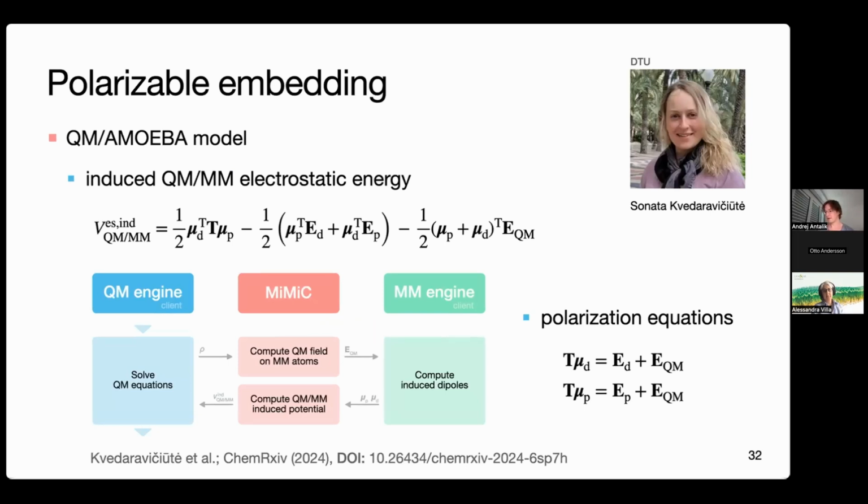That is then used to solve these polarization equations in the AMOEBA-supporting MM client. And once we receive these induced dipoles, we use them to update this external potential and perform the next SCF iteration in the QM client.